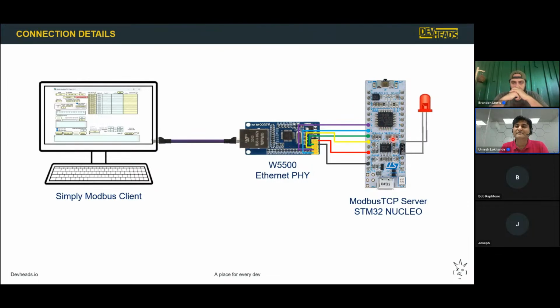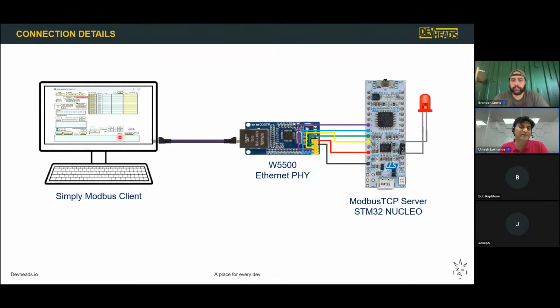And we will connect an LED to pin PB0. Remember I said that whenever we talk about coils, the coils will be associated with this LED. So when we write a value 1, the LED lights up. That's the use of the LED. And for the holding register, we will use the memory of this STM32 microcontroller, which we can then read from this simple Modbus client.